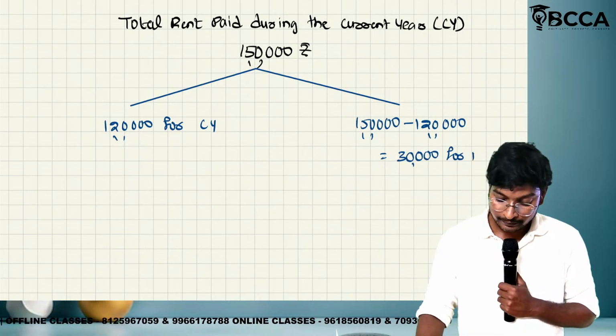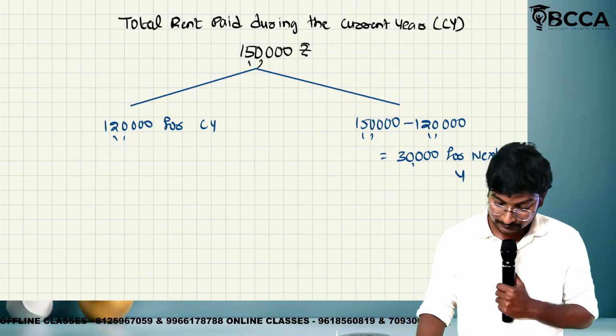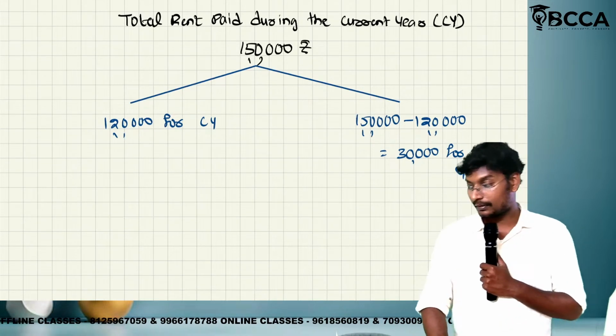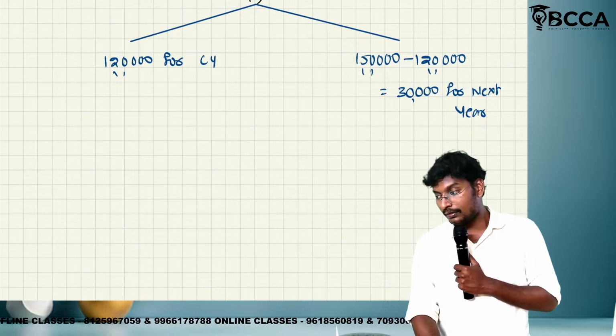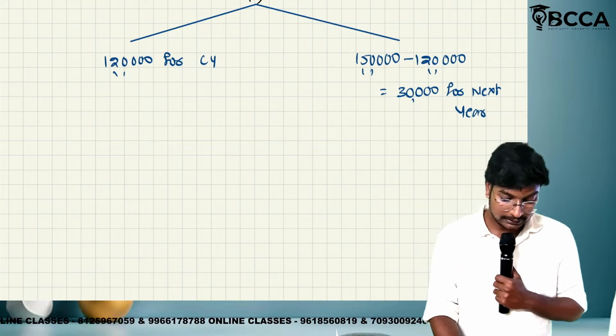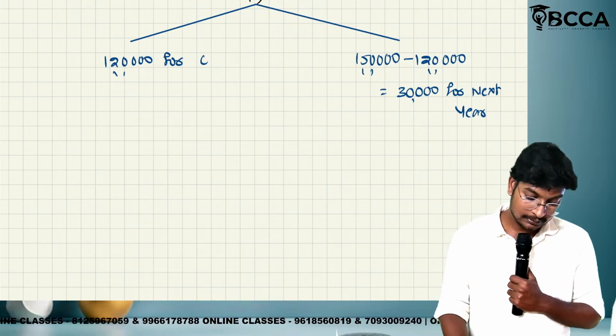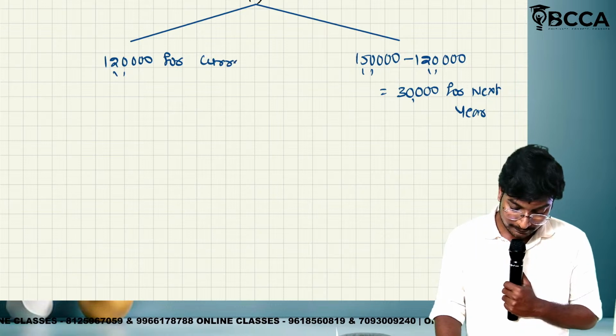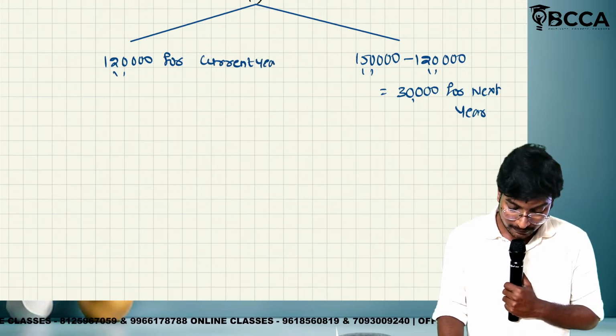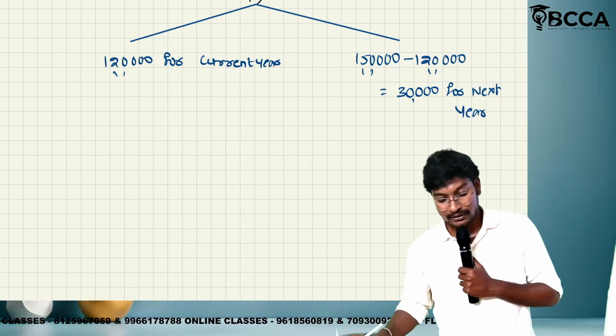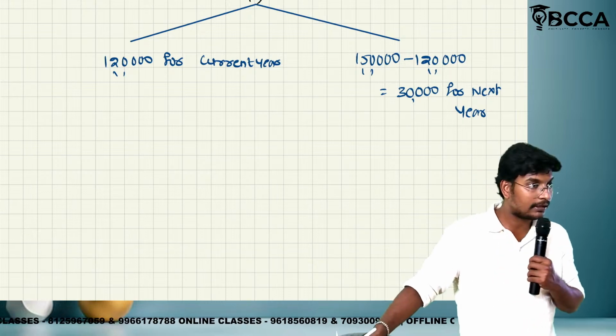For next year. We can write in detail: 1,20,000 for current year, 30,000 for the next year.